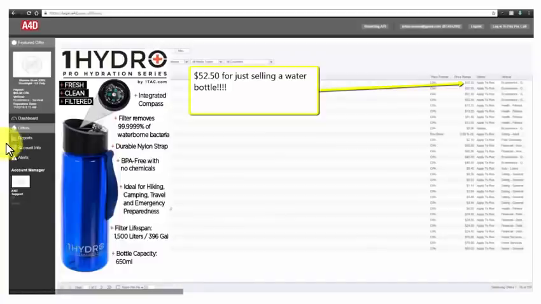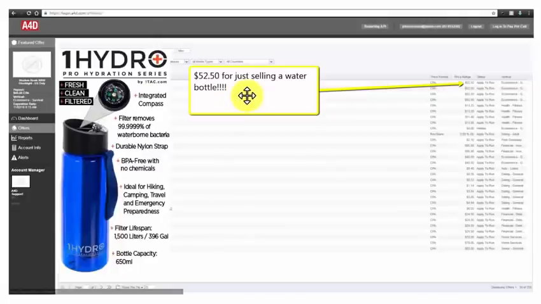Now, here is an example. This is a water bottle, and you can get paid $52.50 just for selling a $5 water bottle. Think about that. Just for recommending somebody to get a $5 water bottle, you can get paid $52.50.